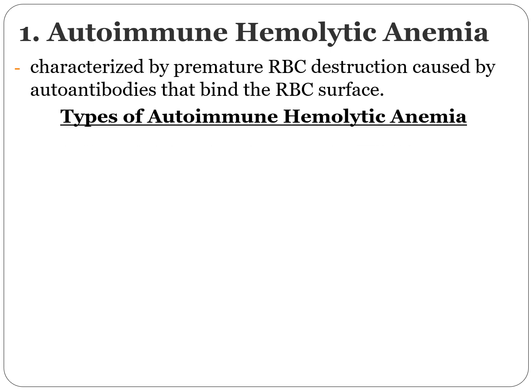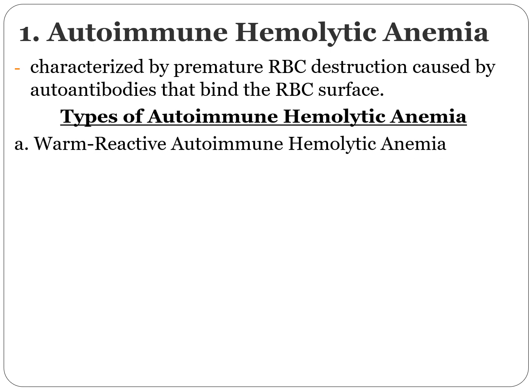Types of AIHA, we have the warm reactive autoimmune hemolytic anemia. WAIHA is the most commonly encountered autoimmune hemolytic anemia, and the DAT, or the direct antiglobulin test, is positive for warm reactive autoimmune hemolytic anemia.